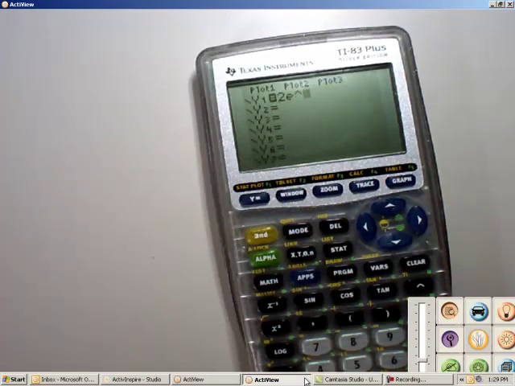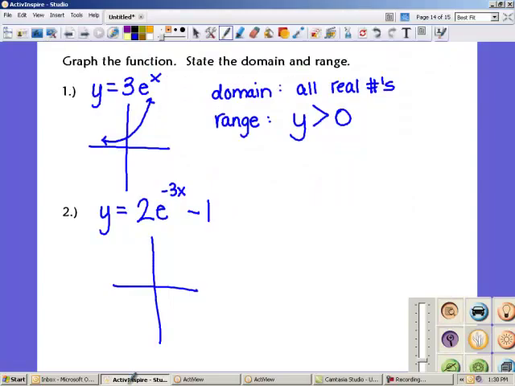Now if there's more than just one thing in the exponent, make sure you use parentheses and close it. Okay, so that negative 3x is in parentheses. That means that that is part of the exponent and the minus 1 is not. You go to your graph. We're going to sketch it.